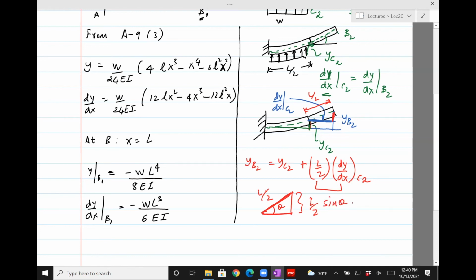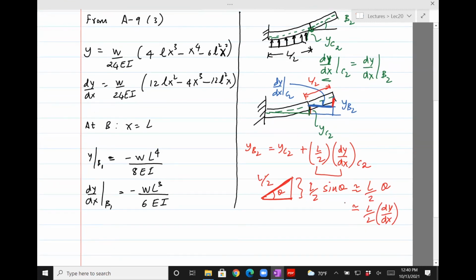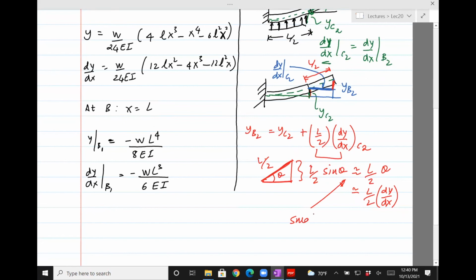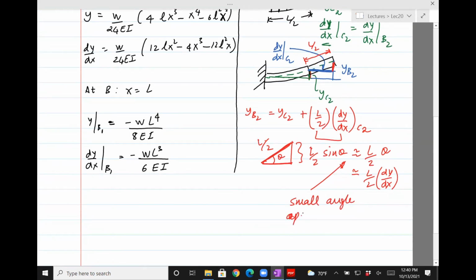But since theta is small, we can approximate this to be L by 2 times theta, and that theta is dy by dx. Small angle approximation.